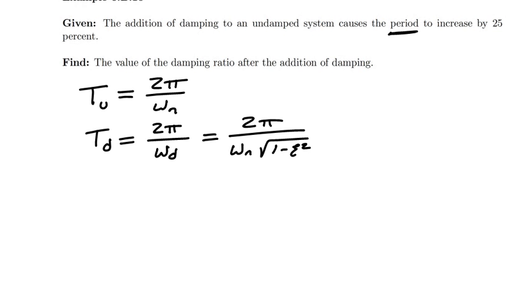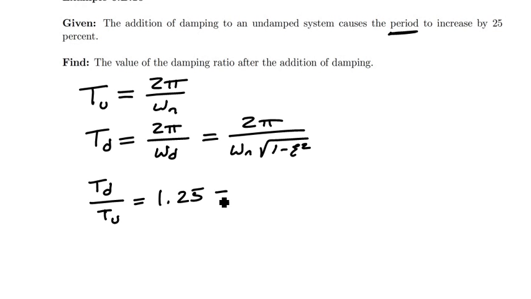In this problem statement, we're told that the period after the addition of damping increases by 25%. This to me means that the ratio of the damped period to the undamped period is given by 1.25, the original value plus 25%.